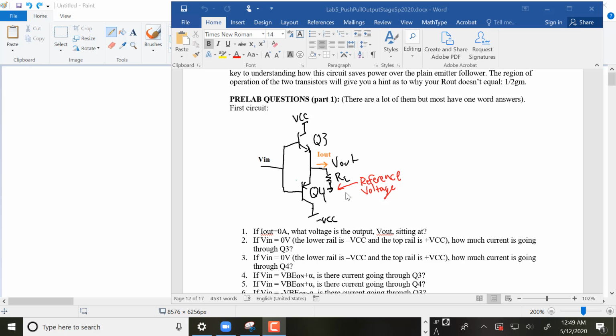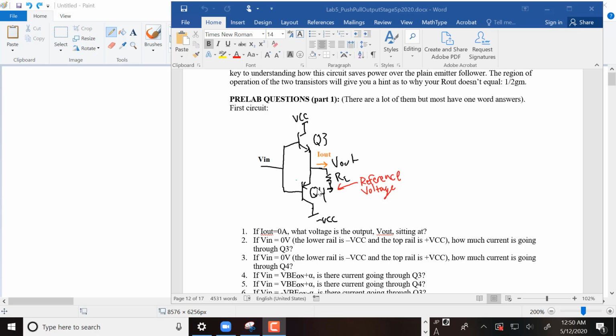And the one thing for this lab to make it work correctly is this reference voltage right here. So you have an RL, maybe of about 1K or something. The reference voltage should be halfway between VCC and minus VCC. Let's say you use 10 volts and 0 volts, then the reference voltage should be at 5 volts.